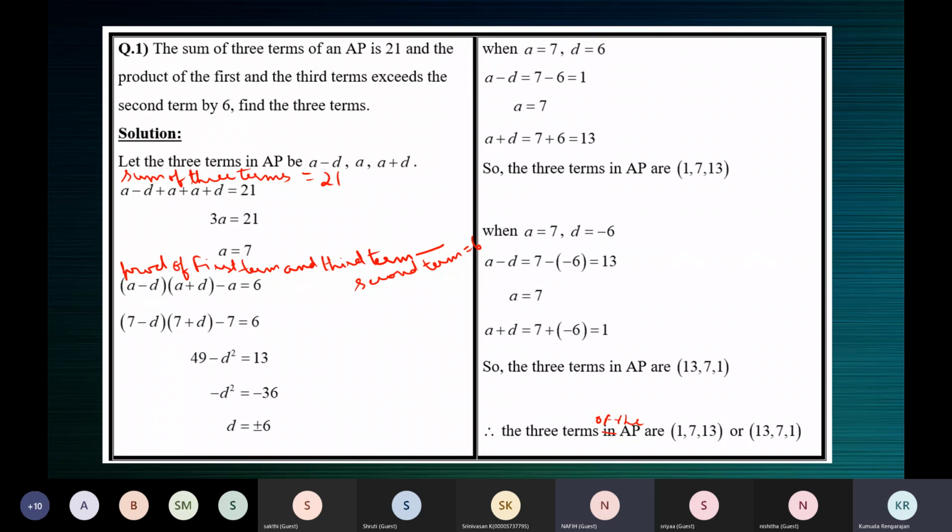Your screen is not shared. I can see it, ma'am. I just shared my screen. Class, can you see my screen? Yes, ma'am. Arnav, not seen?